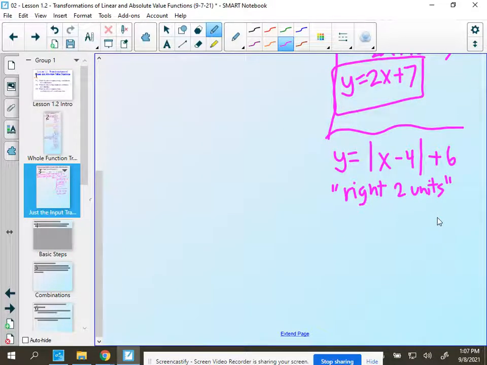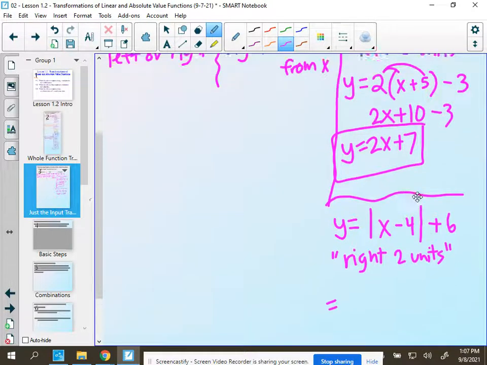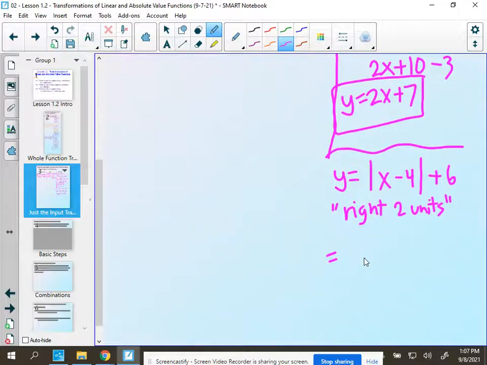So we do have to get to know those rules. Remember, here's how it goes. If I want to go right 2, you would think add, but it's actually going to be subtract, okay? So maybe you just make a note to yourself like, hey, subtract 2. All right, now let's actually do it. Just start copying. Absolute value.